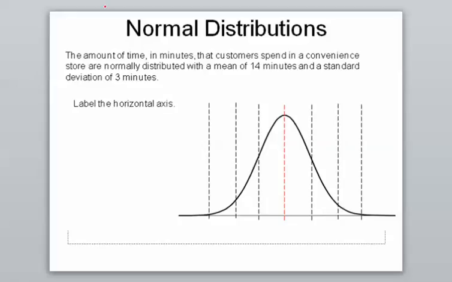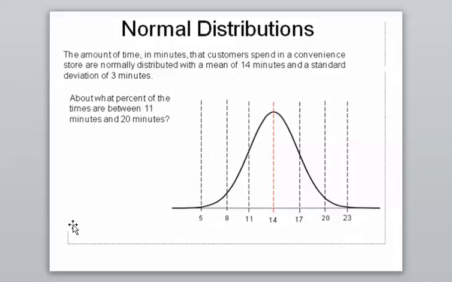So what we would be looking at down here is this is time here, and this is 14 minutes right here, and standard deviation of 3, this would be 11, and this would be 17, and this would be 8, and this would be 20, and this would be 23, and this would be 5. And that's the way you can get that horizontal axis numbers in there, just like that.